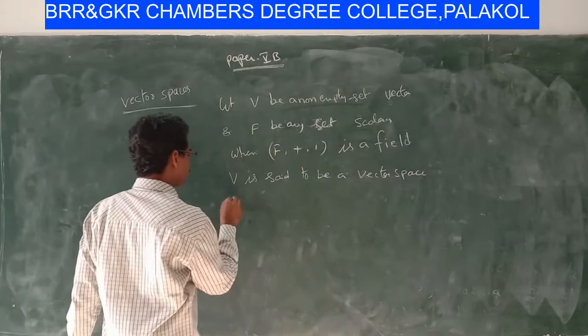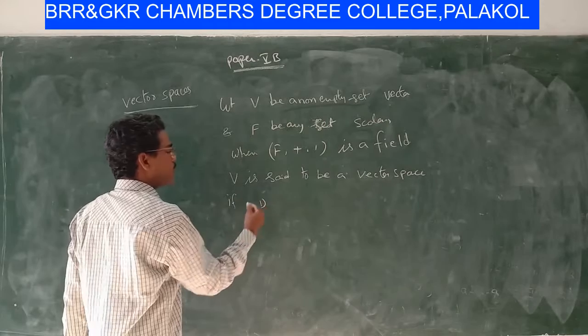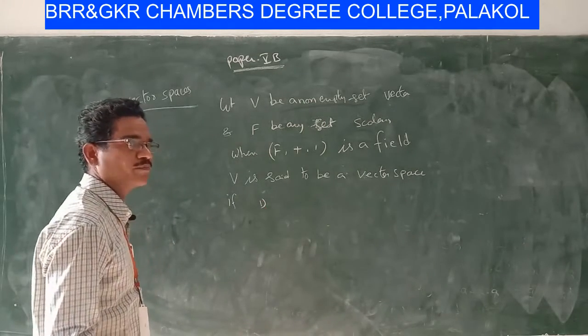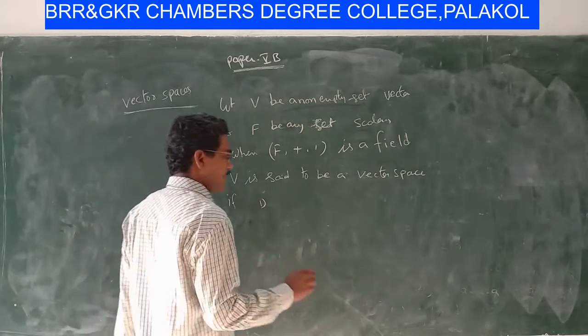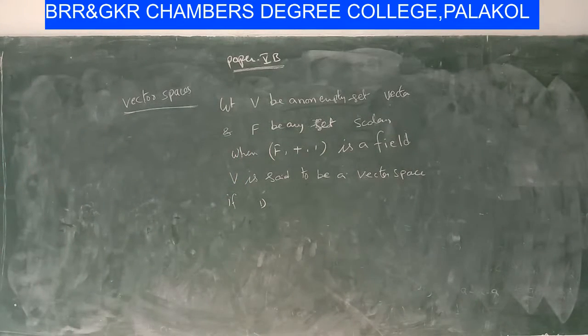if the following conditions are satisfied. Once again, let V be a non-empty set whose elements are vectors, and F be any set whose elements are scalars, where F, plus, dot is a field.